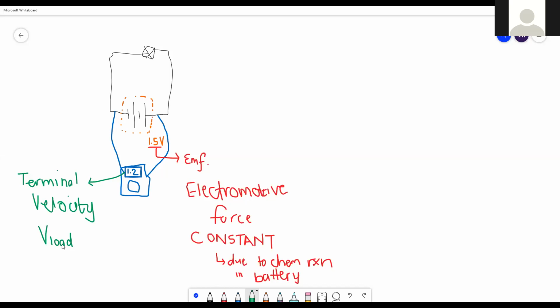The reason we call it the V load is because this little lamp that we have here, we call by the fancy name of a load, which is just a fancy way of saying it is an external resistance in the circuit.